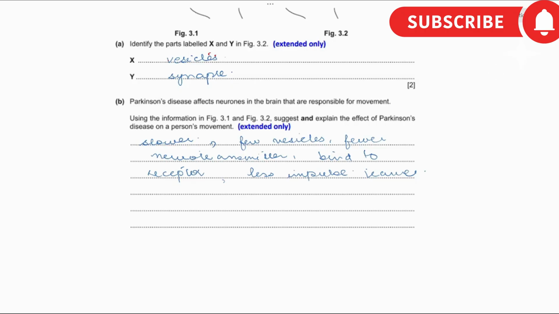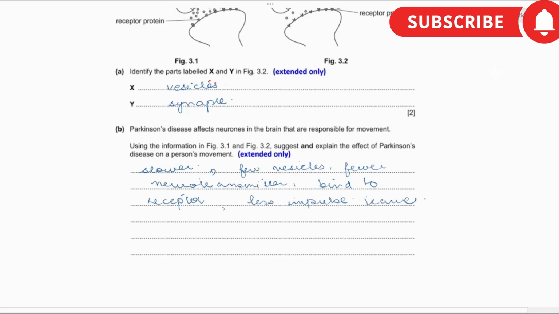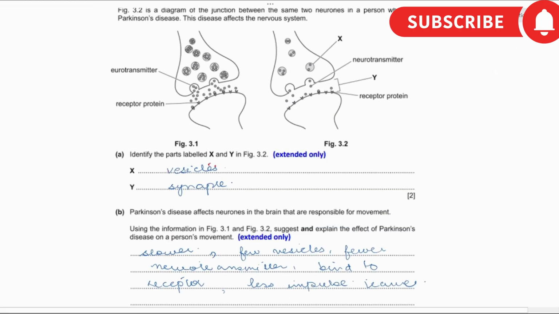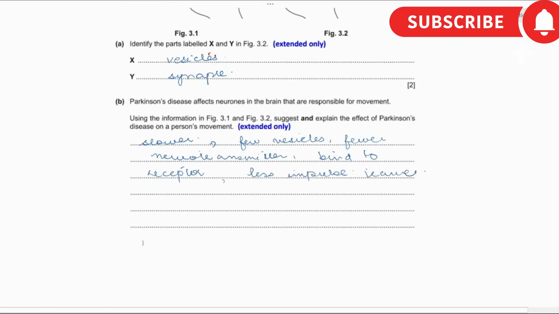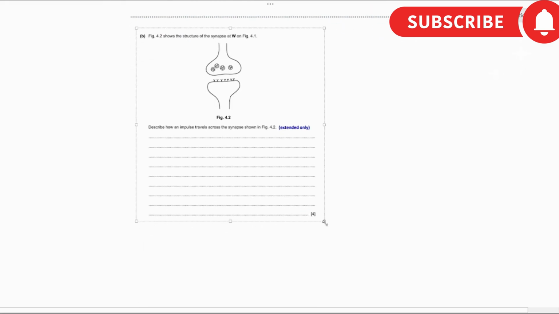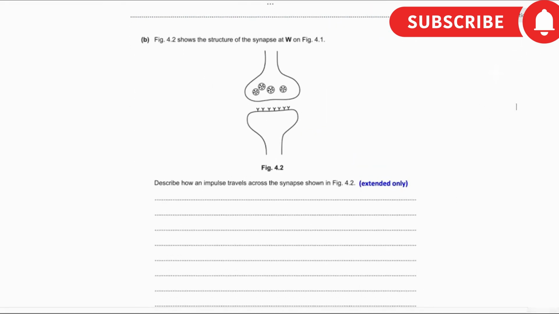Okay. How does a nerve impulse travel across the synapse? If we talk about this diagram, it's related to how it normally functions. How is the message transmitted from the presynaptic neuron to the postsynaptic neuron?